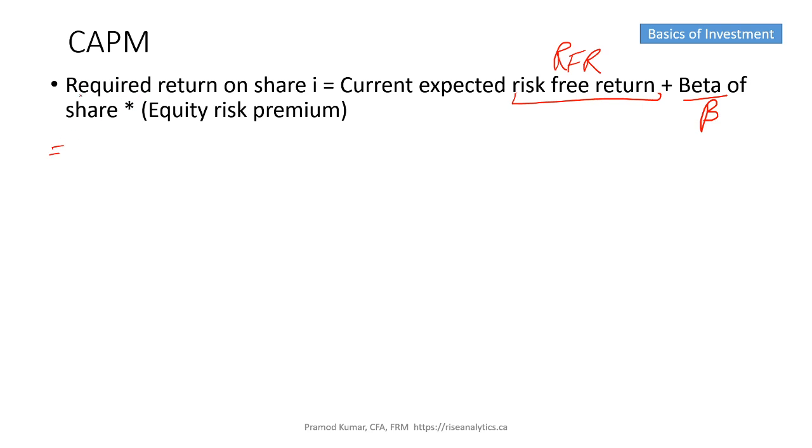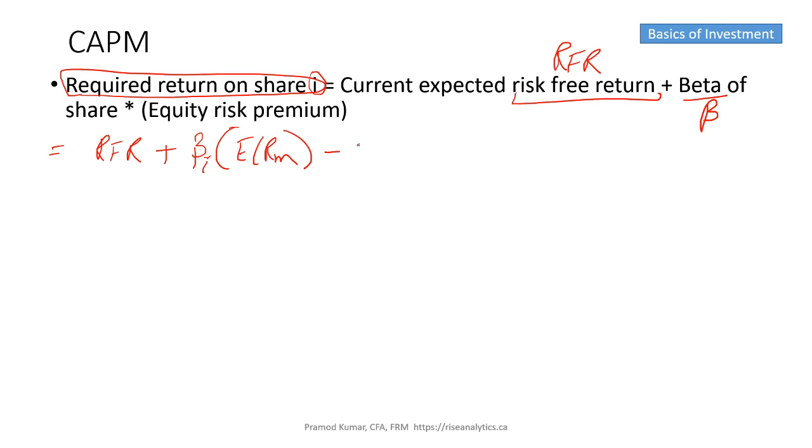The required return on the share or the equity is nothing but the RFR, the risk-free rate of return, plus the beta of that share, which I represent with i, times the expected return of the market minus the risk-free return.